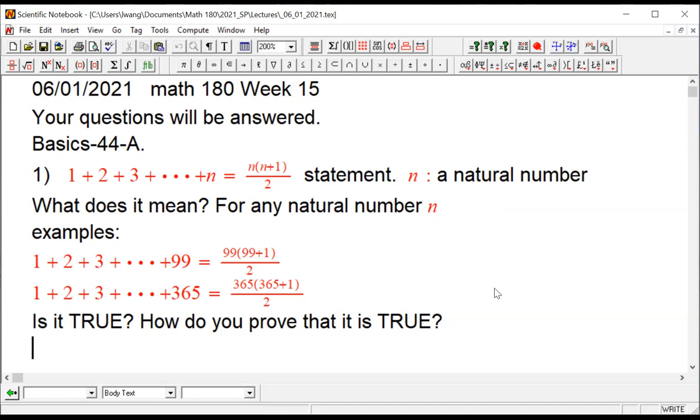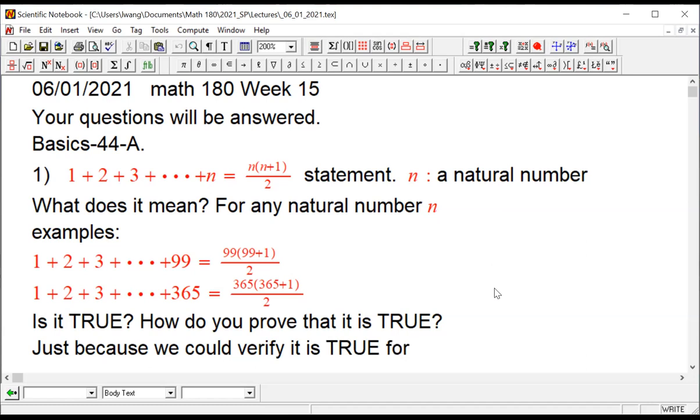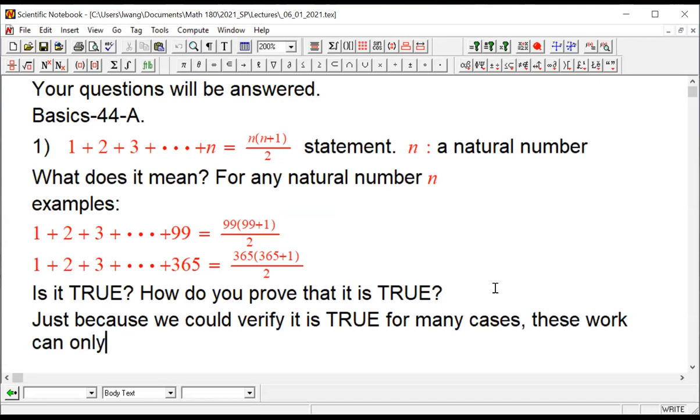Here, let me write this down. Just because we could verify it is true for many cases, these work can only be classified as verification, not proof.